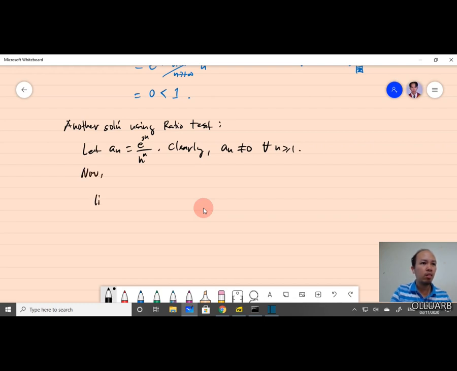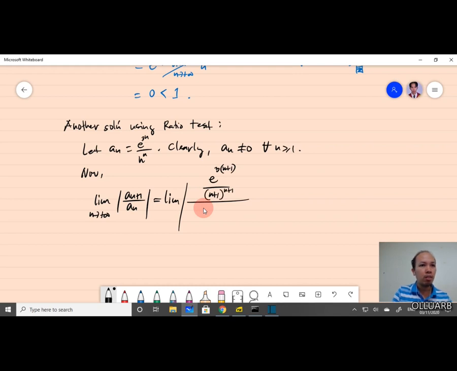And now the limit of a sub n plus 1 over a sub n as n approaches positive infinity is equal to, notice in the numerator we replace n with n plus 1, so we have e to the 3 times n plus 1 over n plus 1 to the n plus 1.